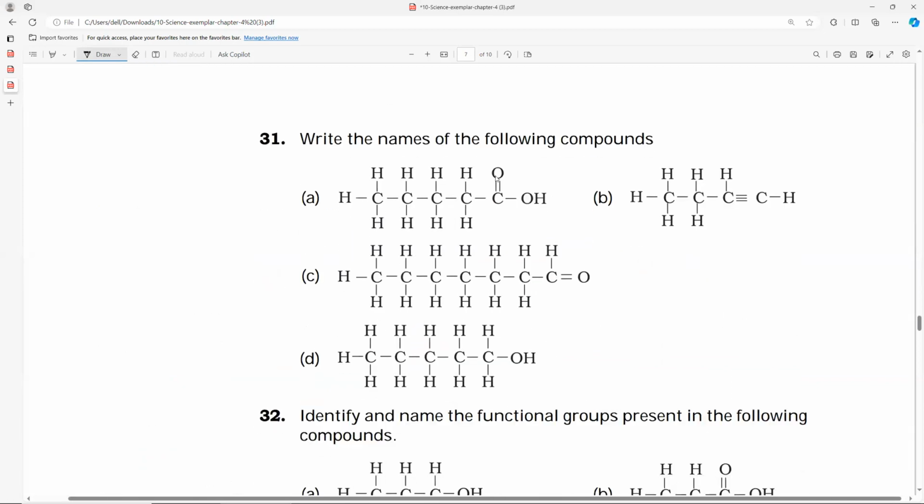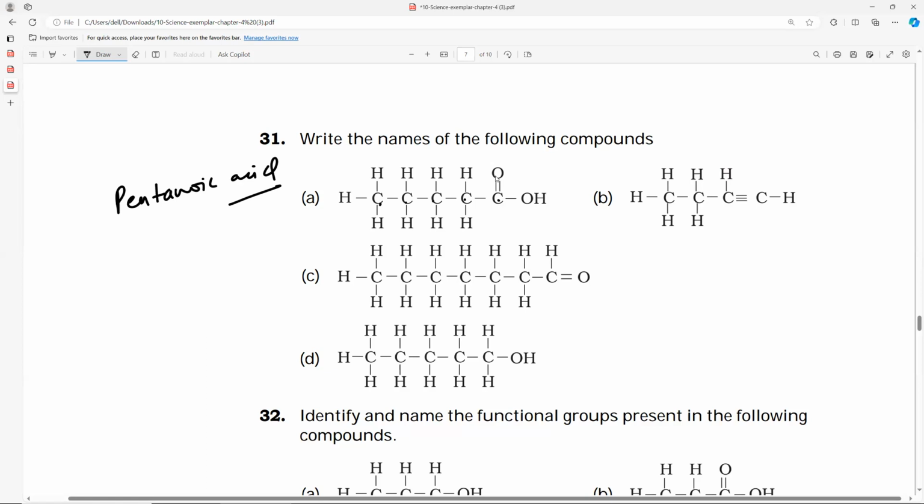This one, 31. Will you be able to write the functional group? Write the names of the following compounds. Will you be able to write the name? How many carbons are there? 1, 2, 3, 4, 5. So it is pent. Yes.